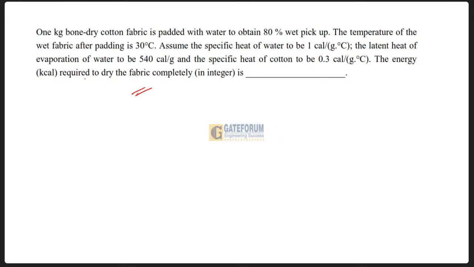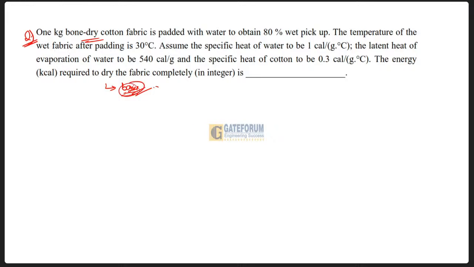For this you should have a basic understanding of textile chemistry, and also the basic chemistry of evaporation, where we read the specific heat and the latent heat of evaporation of water. You must have read this in the basics in class 11th and 12th also.